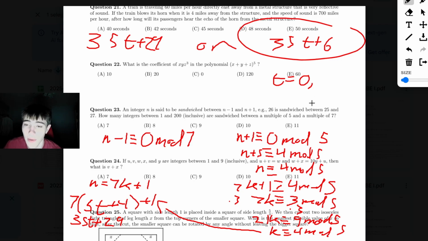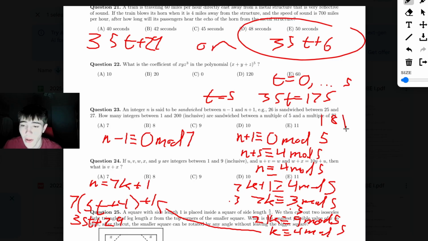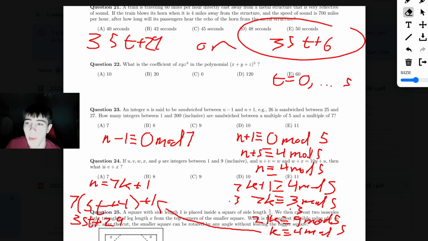So let's say t equals 5. Does that work? T equals 5, then 35t would equal 150 plus 25, 175. But then we have to add 6 here, so we'd be at 181, which is obviously less than 200. So we can go up to 5 for t in this case. So we have 6 total. This case gives us 6 total. Okay.